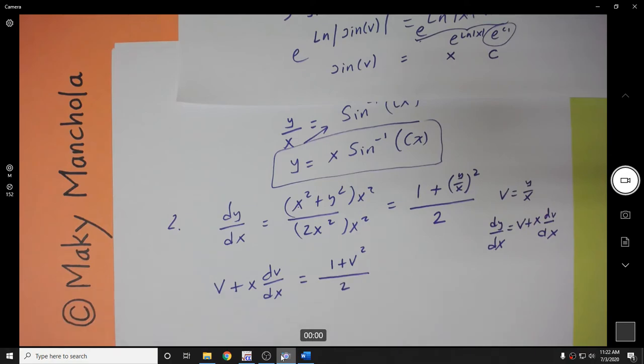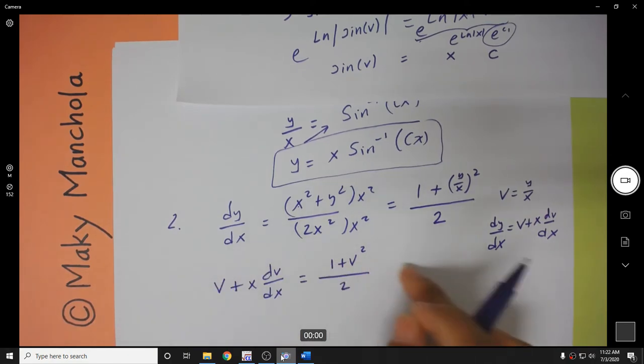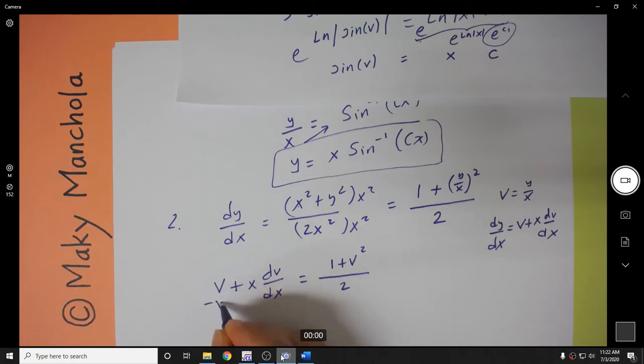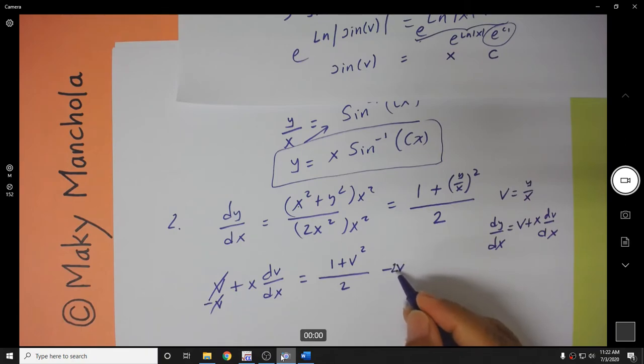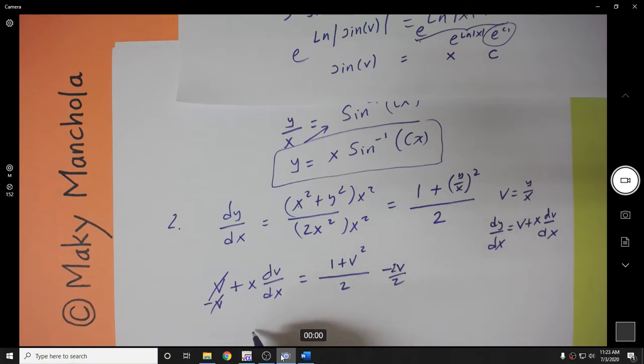Now our next step is to separate the variables. So let's begin by moving v away to the right side. Subtract v on both sides. Observe that we can place this as a single fraction if you just write the fraction with denominator 2.